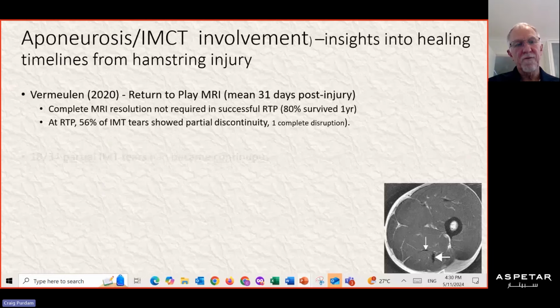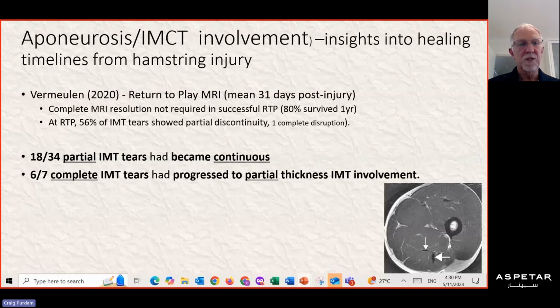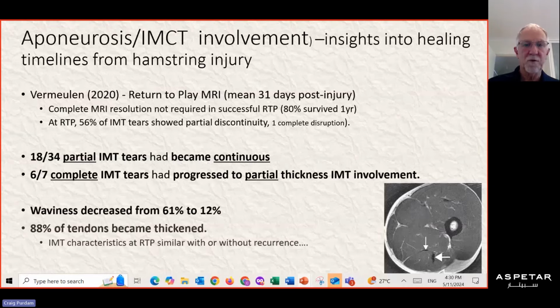Some great insights from Vermeulen's paper, which you know well, so I hate quoting back to the experts, but I really do admire this paper. It gave us great insight into the possible time period we're dealing with.